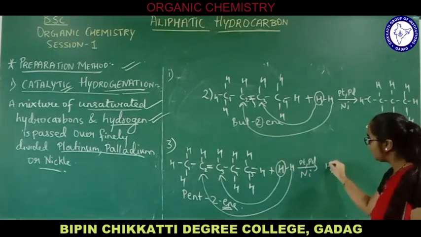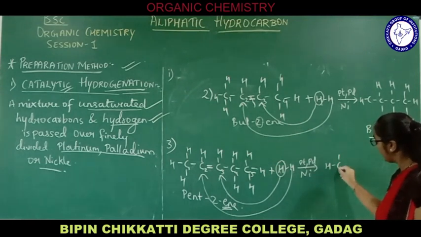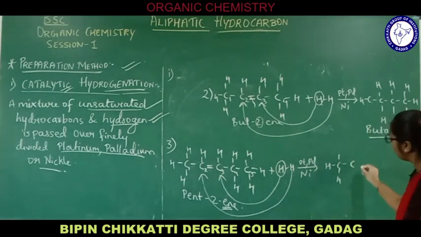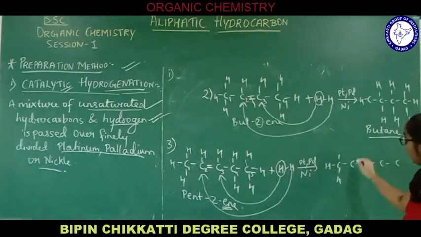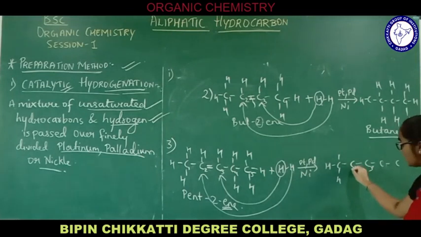So after getting bonded, the molecule will look like this. First I will write down the carbons: 1, 2, 3, 4, 5. These are the 5 carbon atoms. Now we know that between carbon number 2 and carbon number 3 the double bond was there, but that has been broken down to a single bond.